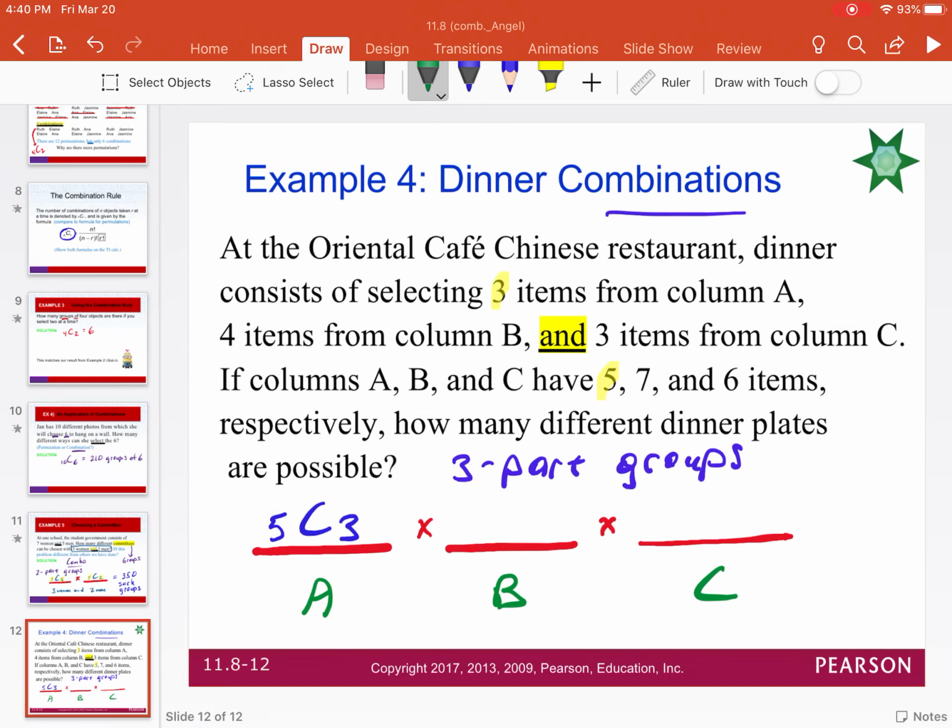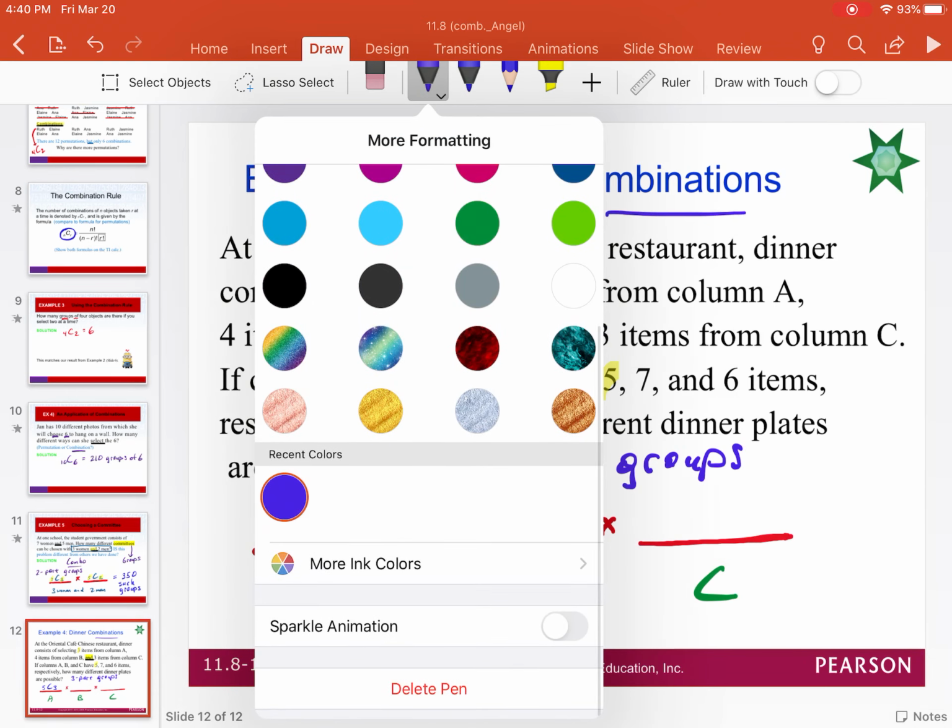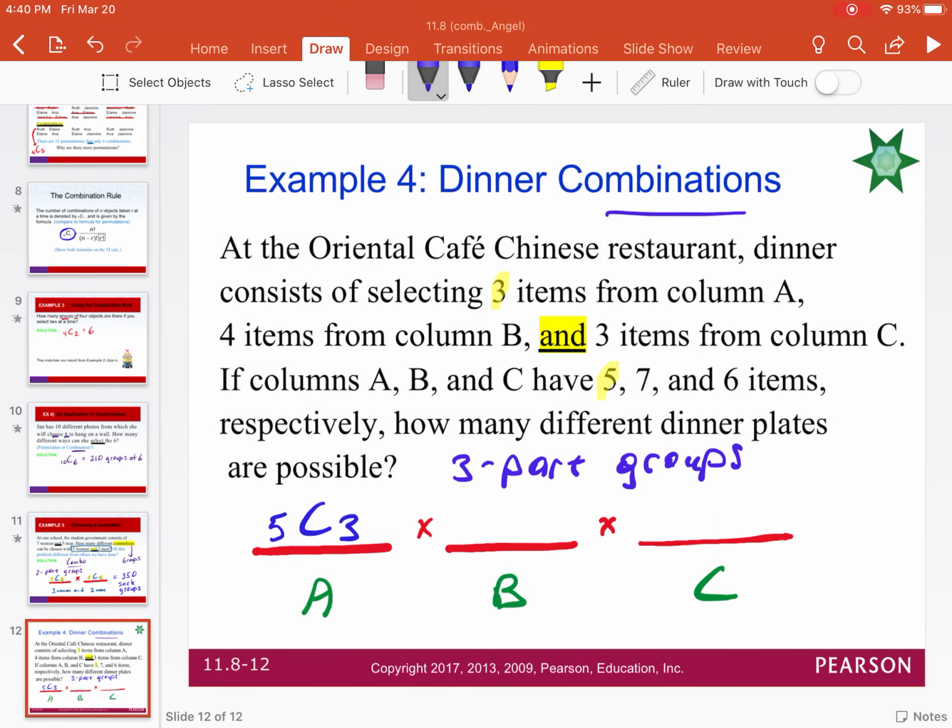The larger number always goes first. Okay? Times combination of 7, pick 4. You're picking 4 from column B, and you're picking 3 from column C. Column C has 6 choices, and you get to pick 3 of them.